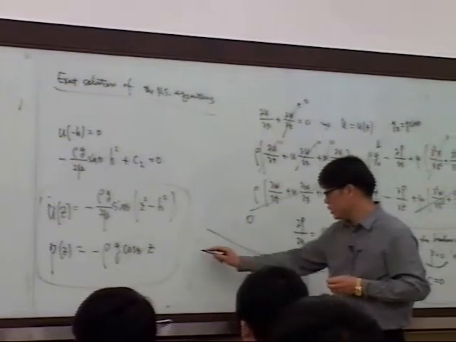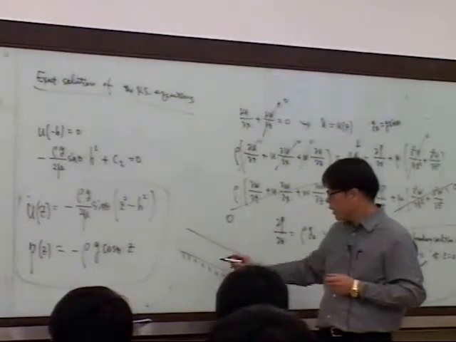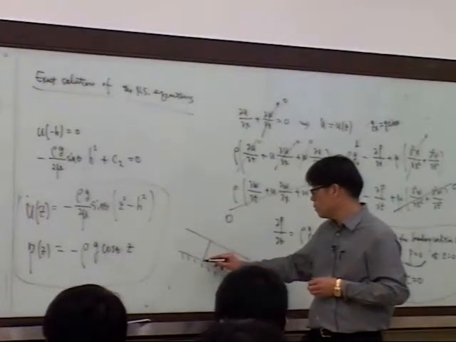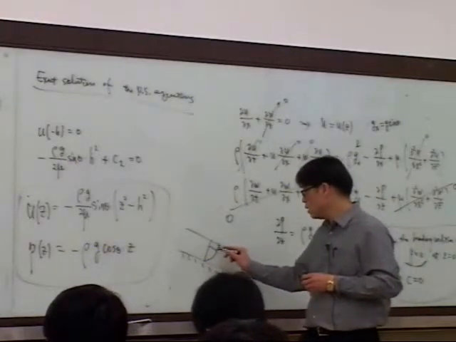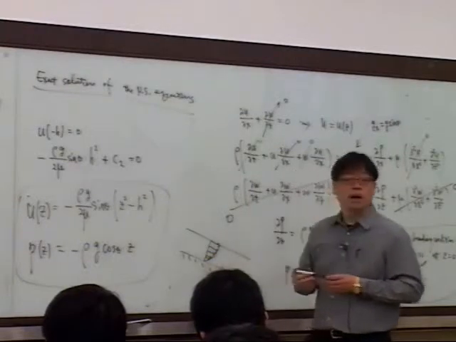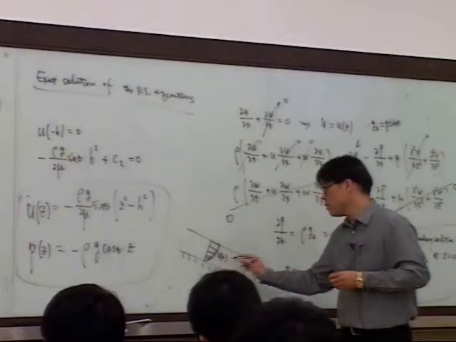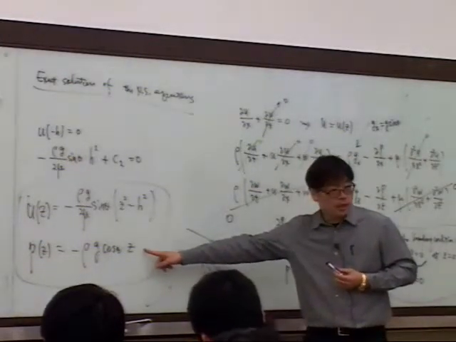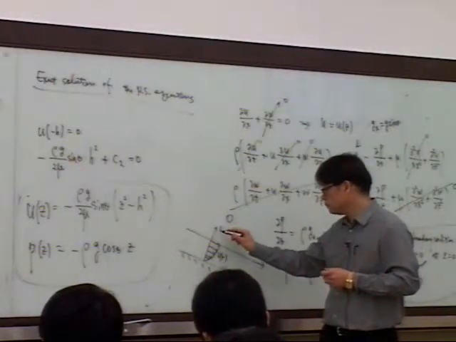So what it says here is when you have a flow on an inclined plane, you have a parabolic velocity profile like this. So this is U of Z. And the pressure increases linearly. Z is negative, okay? My coordinate system is here.